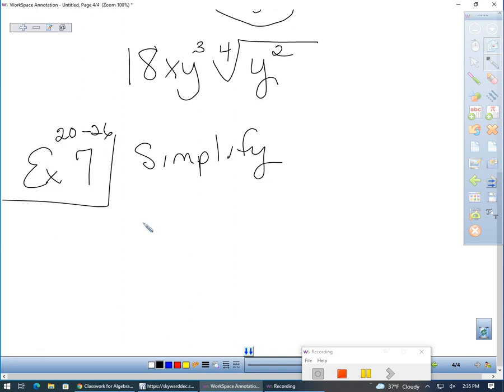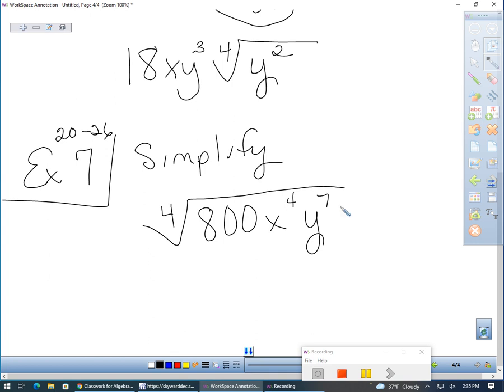So let's say I have the fourth root of 800 x to the fourth, y to the 7th, and z to the 13th.